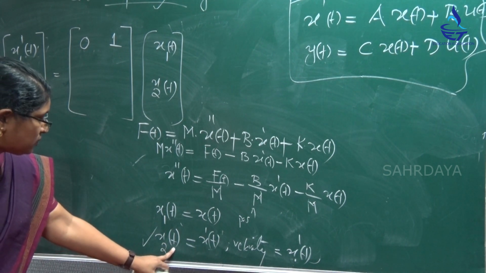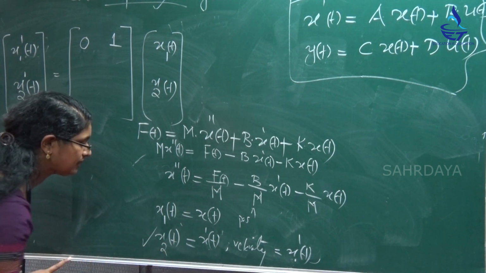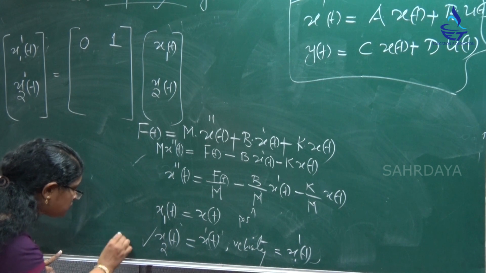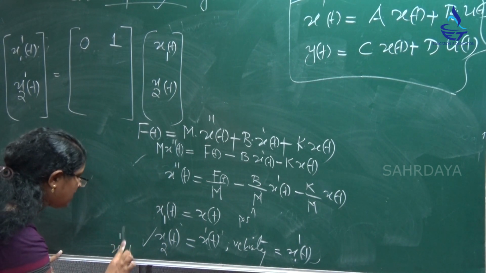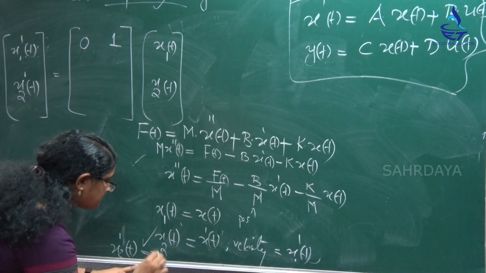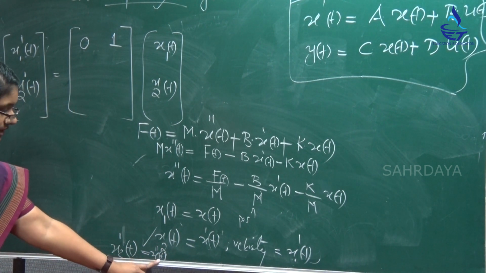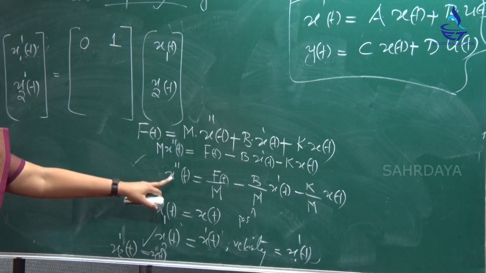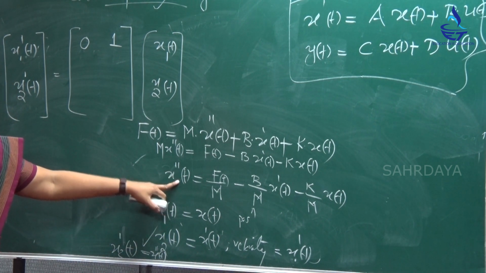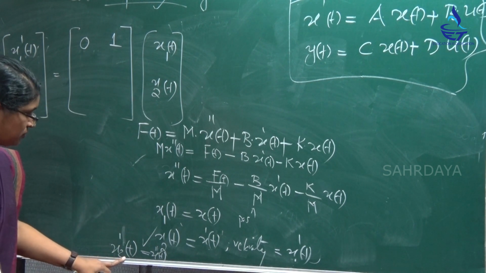Now x2 of t is equal to x1 dash of t, so x2 dash of t is equal to x double dash of t. So we have an x double dash of t here, and I am substituting this for x2 dash.